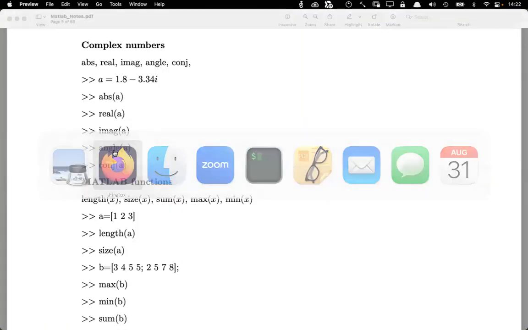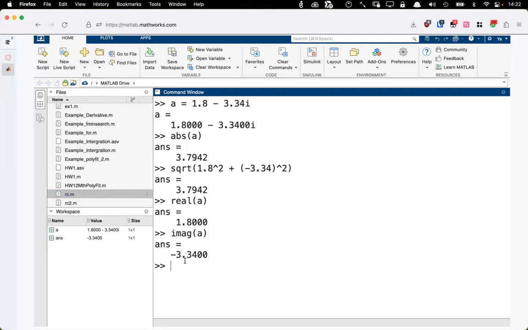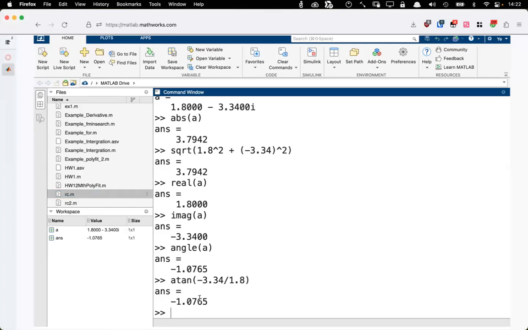Angle gets the angle of the vector. This is actually the arctangent of minus 3.34 over 1.8, in radians. So you can see the same result, minus 1.065.